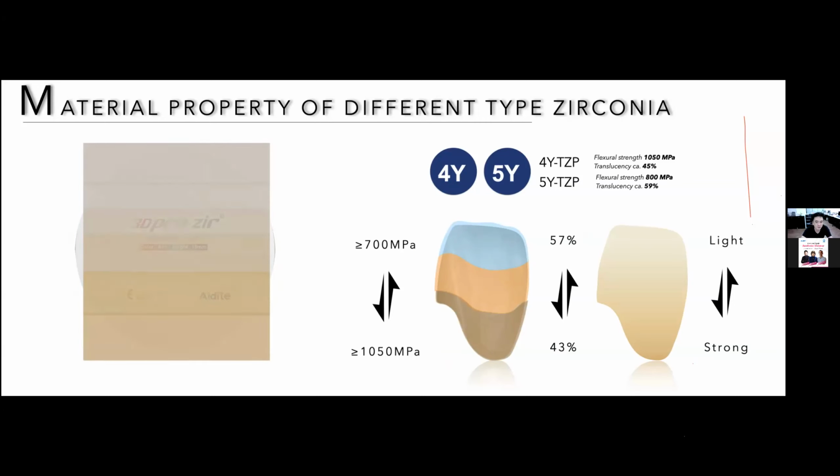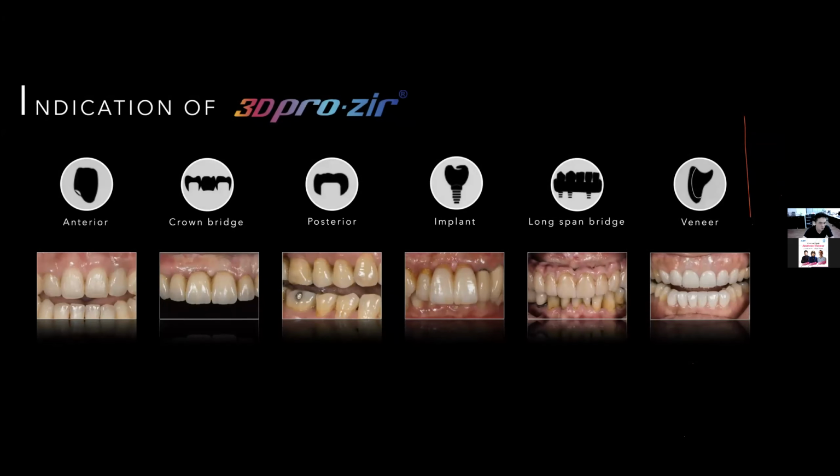And the latest is the 4D Plus zirconia, with multi and transition strength. And I can use it to design the anterior crown and bridge, and the posterior or implant-supported crown, or long span implant-supported crown, or even the veneer. I can use this one material to fix all situations. So I can finish my work very easily and fast, and I don't need to think about which one to choose.